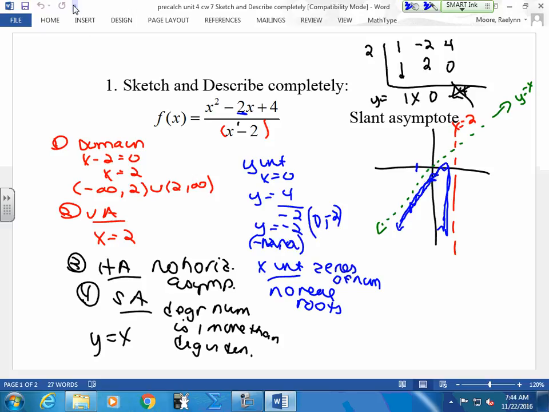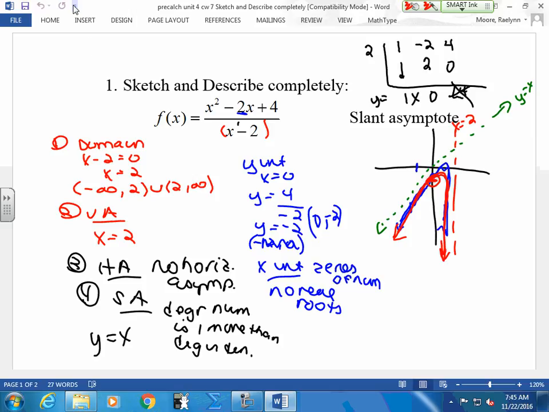Okay, so this is going to pass. There's no real intercept, so I can't erase this. So this is going to go like this. I've got to cross this, and I'm not going to hit the x-axis, so it's got to go like this. I only know one piece, and I know that I don't touch that x-axis. So where do you think my other piece is?